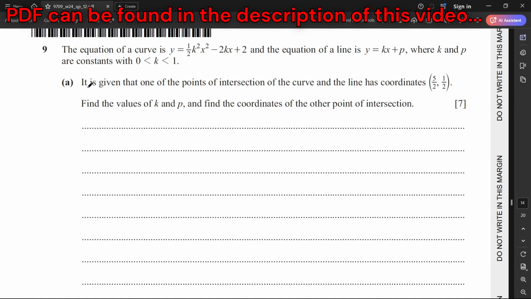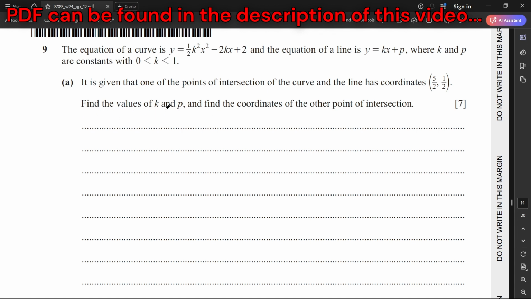And in part A, it is given that one of the points of intersection of this curve and this line has coordinates 5 by 2 and 1 by 2. So whenever in both these equations the value of x will be 5 by 2, the output will also be 1 by 2. That is one fact that we are aware about. Now based on this, we can find out the values of k and p.